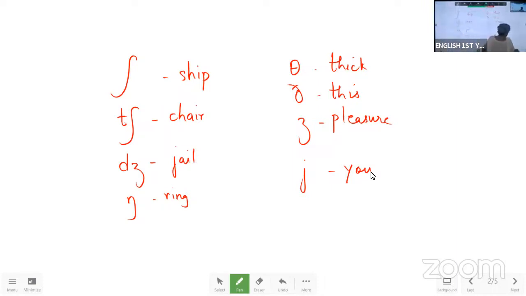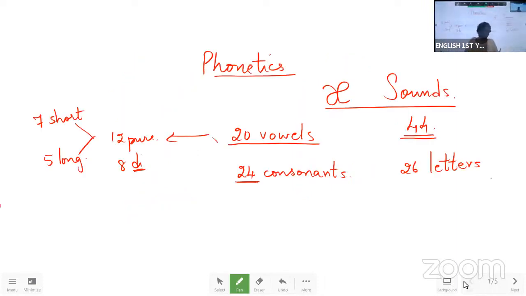So keep this in mind. Phonetics, like I've said, phoneme, it is taken from the French word phonemes, which means sounds. They are actually 44 sounds, while in English we have only 26 letters, of which 21 are consonants and 5 are vowels.